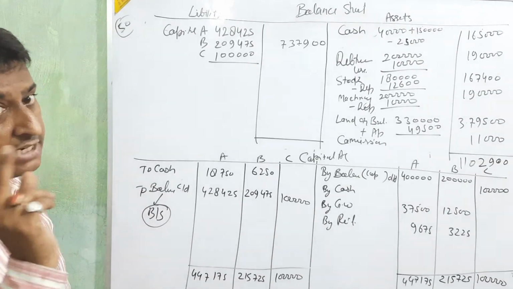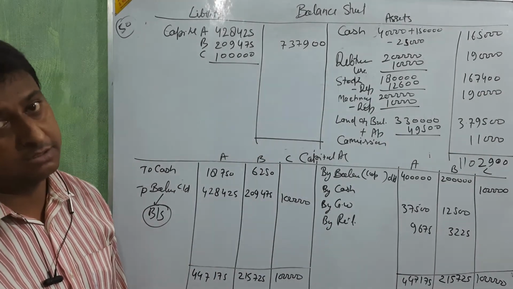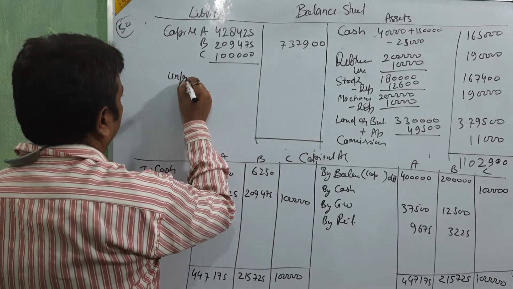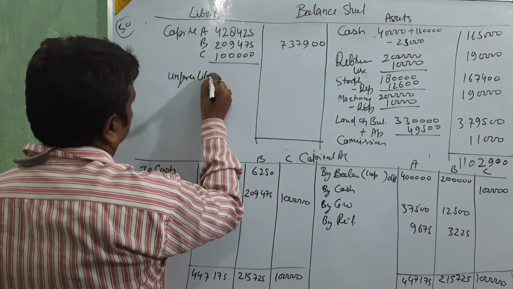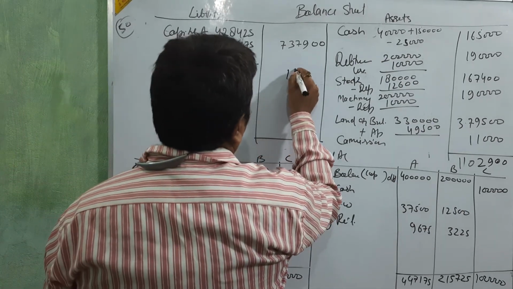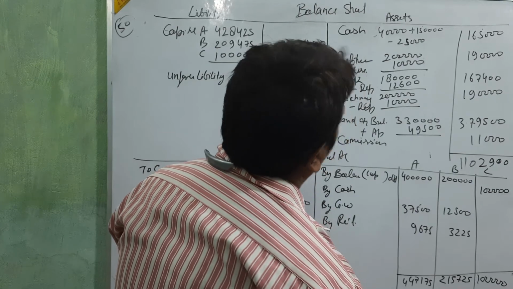Just remember one liability, the unforeseen liability in the revaluation account, which you are showing now as 15,000. Unforeseen liability.